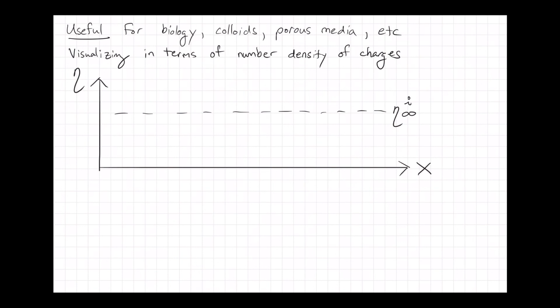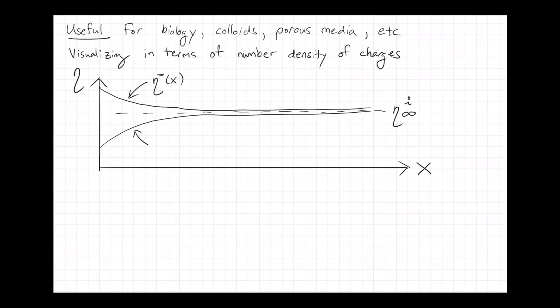So I'll call that eta infinity, or the number density of ions at infinity for species i. Very far away from the surface, there have to be essentially an equal number density of positive ions as negative ions for charge neutrality, assuming that each ion carries the same elemental charge.